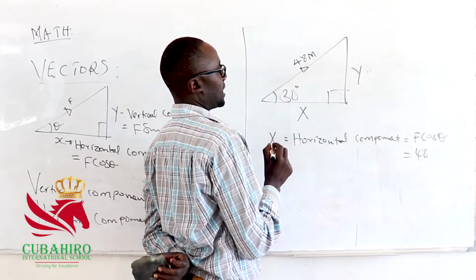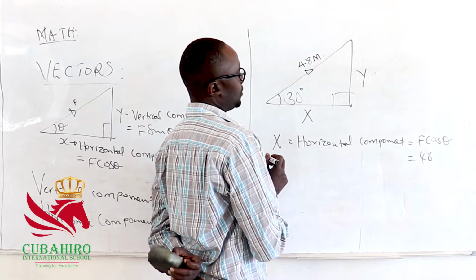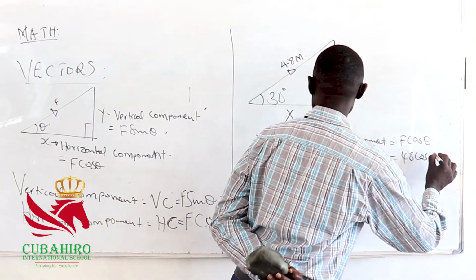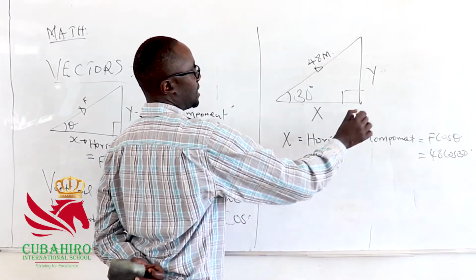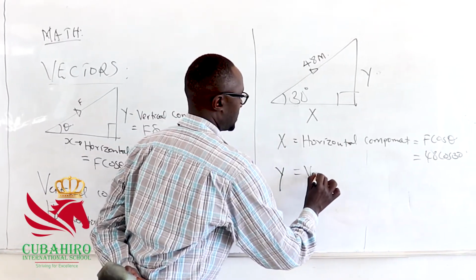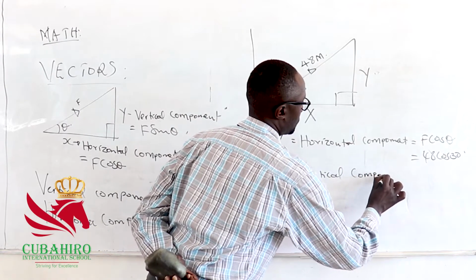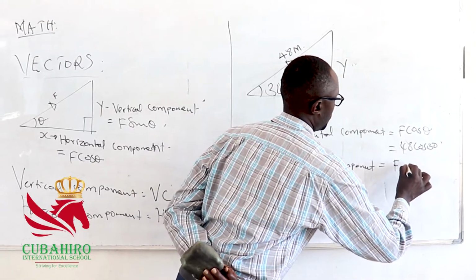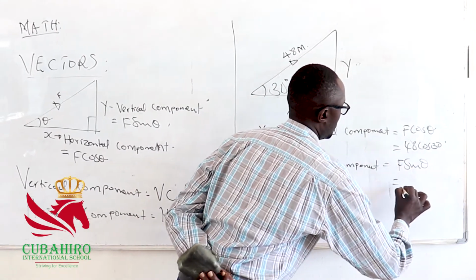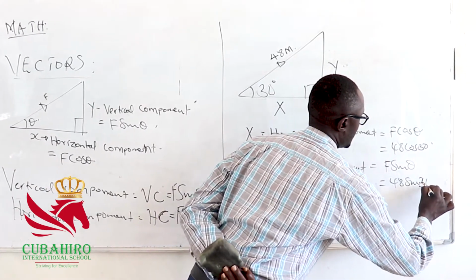Our vector F is a general symbol, which is 48, times the cosine of that angle. And y is what we call the vertical component, which is equal to F sine theta, and this is equal to 48 times the sine of that angle.